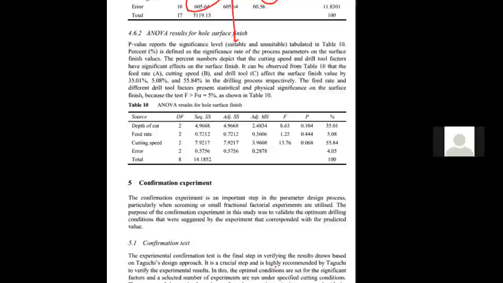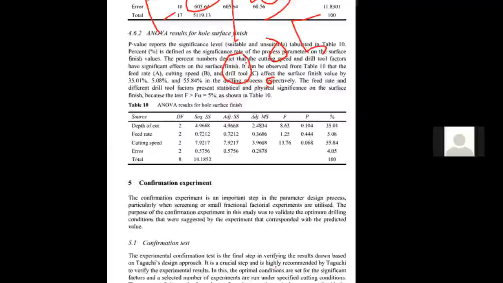For 95%, p value will be 1 minus 0.95, which is 0.05. What is the meaning of this? If p value of a particular parameter is equal to 0.05 or less than 0.05, that parameter is significant. If p value is greater than 0.05, that parameter is not significant.